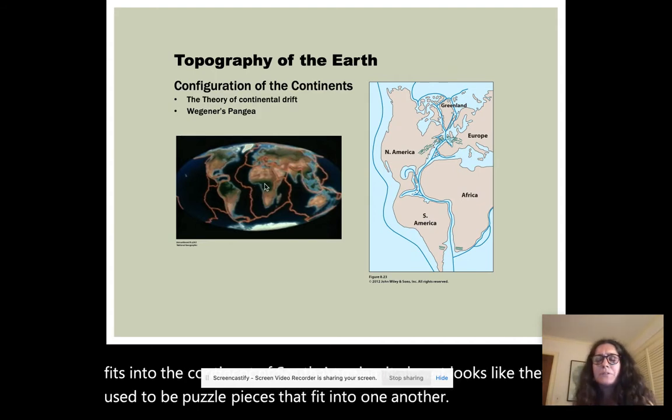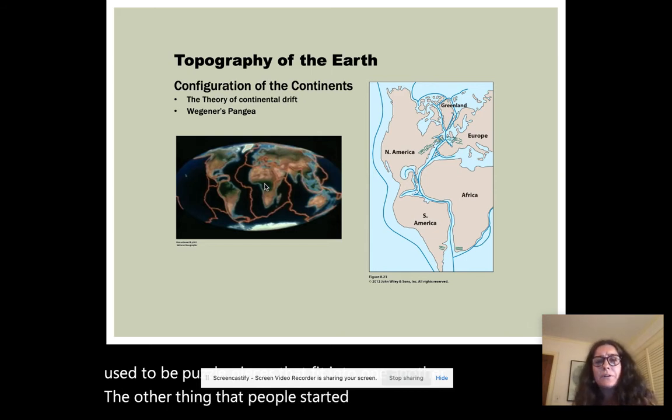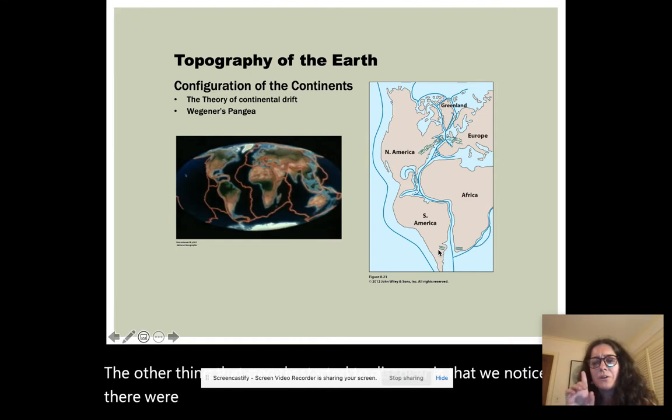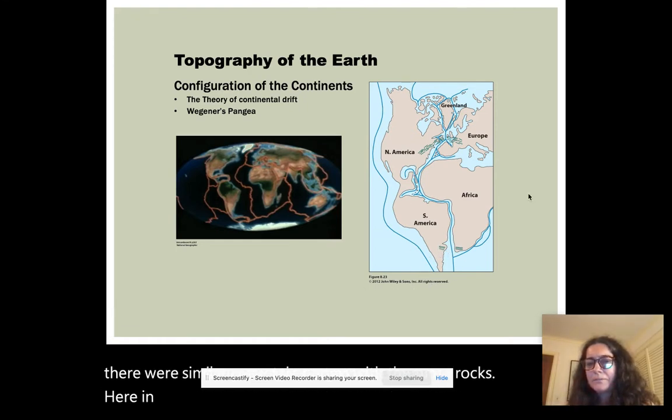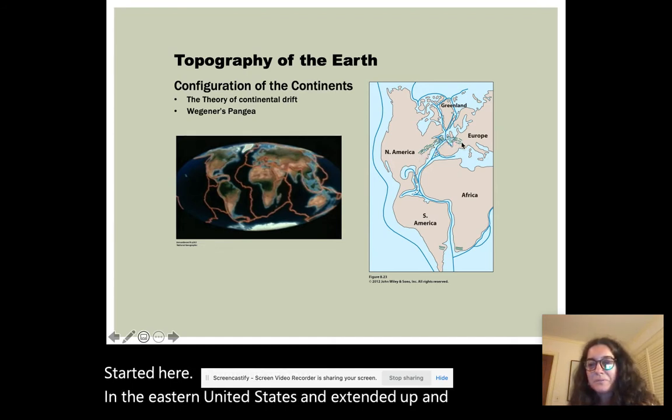The other thing that people started to discover is that there were similar mountain ranges with the same rocks here in South America and here in Africa. We also noticed that these same mountain chains started here in the eastern United States and extended up through Canada and into Europe.